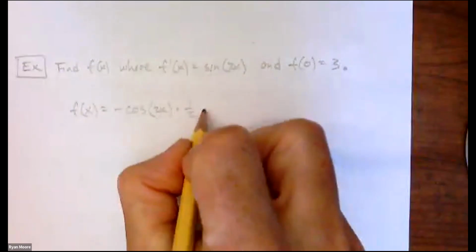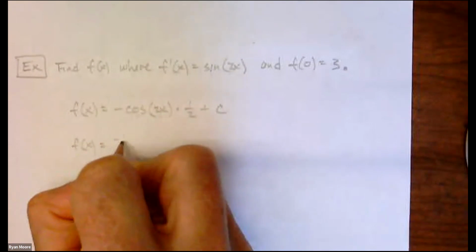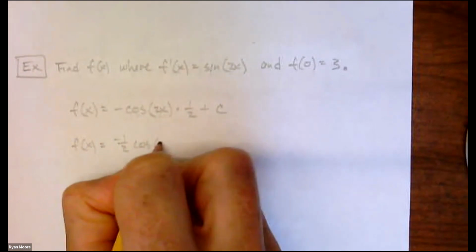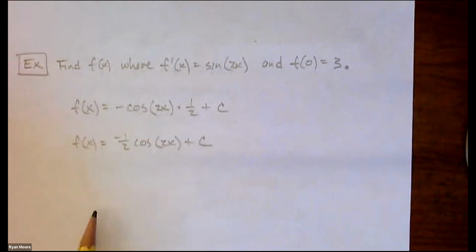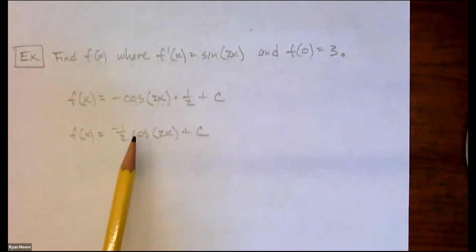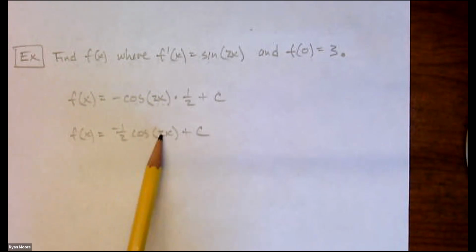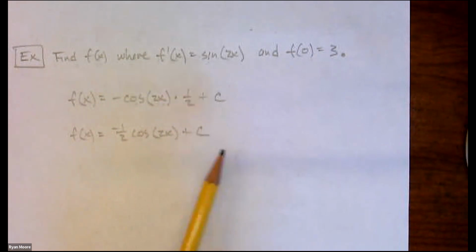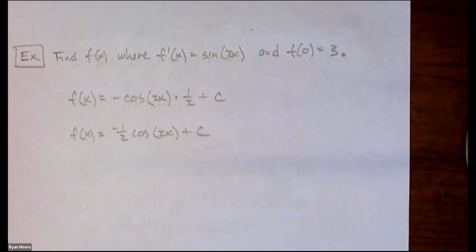And then, of course, there's a plus c. So let me write it out this way: negative 1/2 cosine 2x plus c. And yeah, okay. The chain rule would say negative 1/2 times negative sine 2x times 2. The 2's would cancel, the negatives would cancel. We'd end up with positive sine 2x. So far, so good. That's tricky, right? Working a chain rule backwards. Wow.